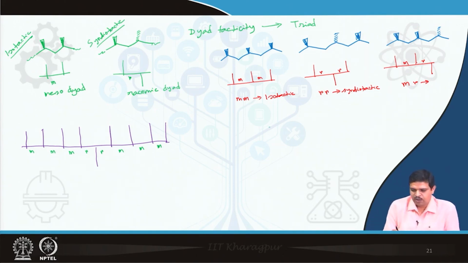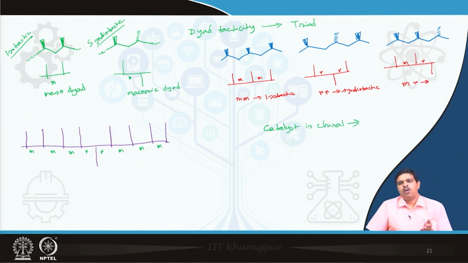So, if your catalyst is chiral, then obviously you will get the chiral center. For this we will discuss this one. This is very interesting.